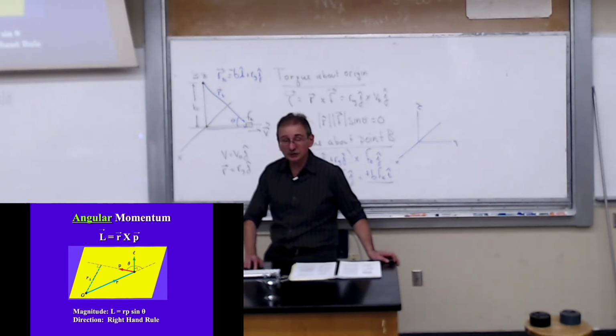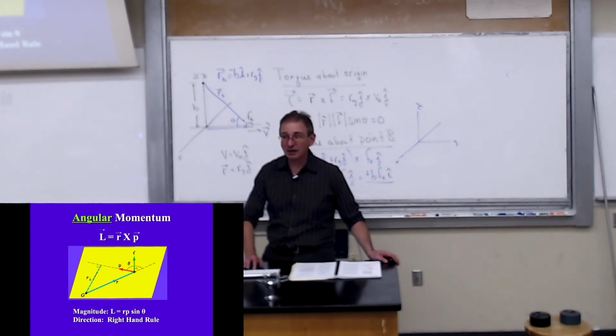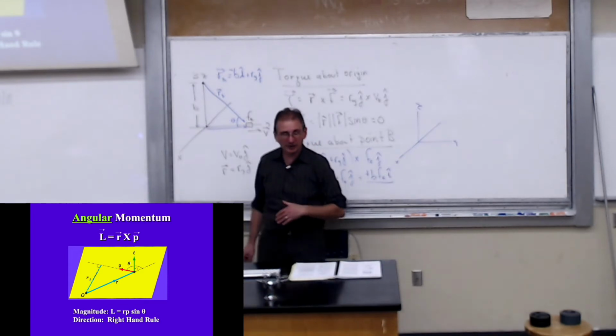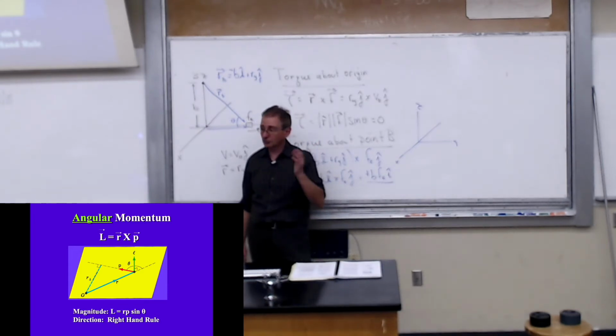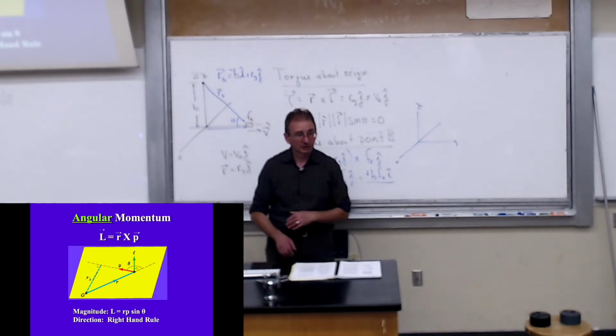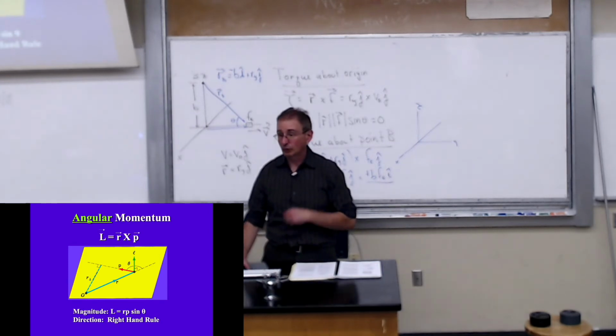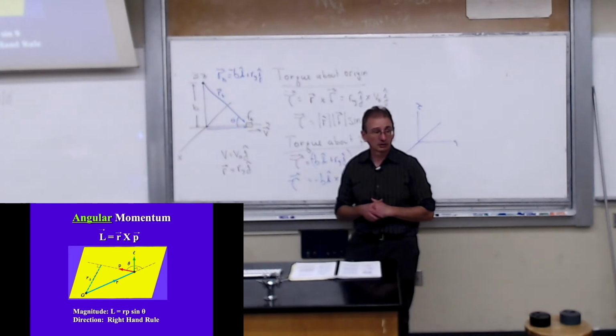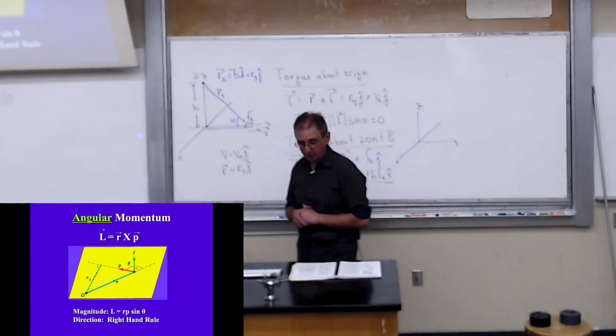So we do have a right-hand rule for this. It's the same thing. You point your fingers in the direction of the R vector, and curl them towards the momentum vector. We would have to evaluate the determinant like we do for torque to evaluate the angular momentum.